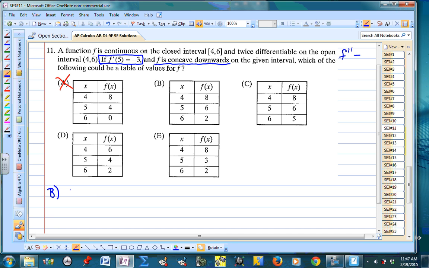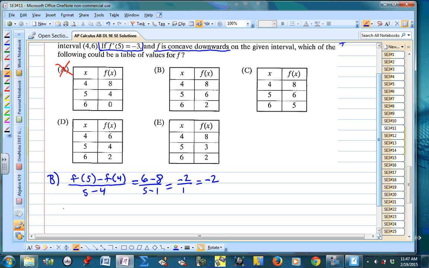Let's find the rate of change of f from 4 to 5. So again, we're going to do f of 5 minus f of 4 all over 5 minus 4. In other words, we'll get 6 minus 8 over 5 minus 4, which is negative 2. Now let's find the rate of change from 5 to 6. Remember, again, we're using the difference quotient here for average rate of change.